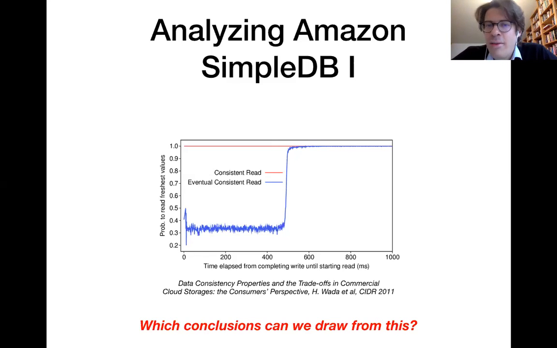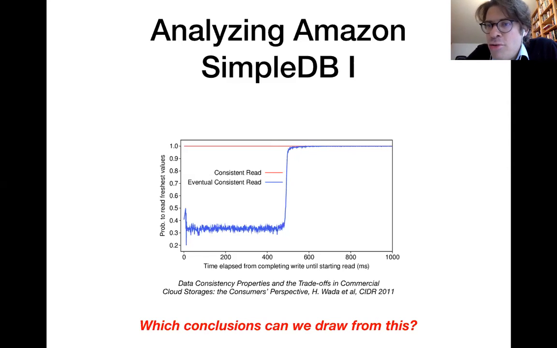This is a system where we don't necessarily have the details about how it is working internally, because this is not necessarily released by Amazon, but by doing those experiments, you can come to some assumptions about how the system is working internally. After 500 milliseconds, our probability to read the most recent value jumps from 1/3 to 1.